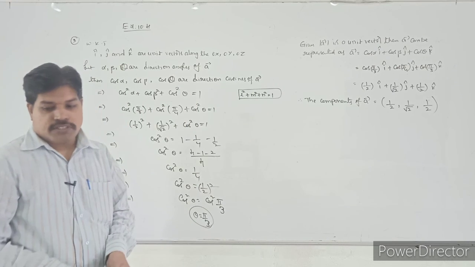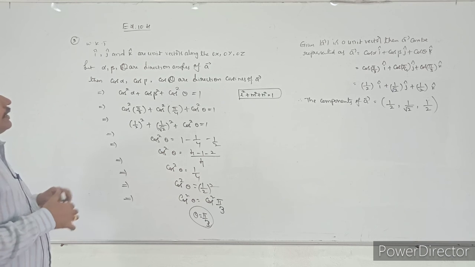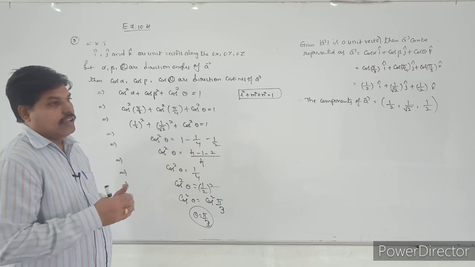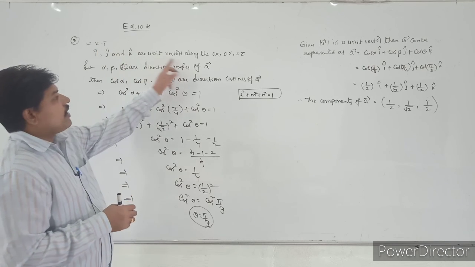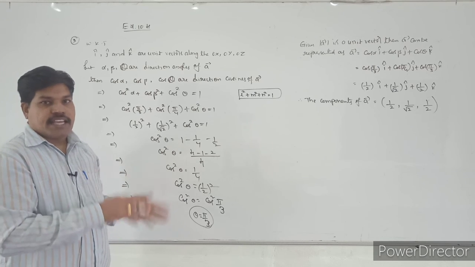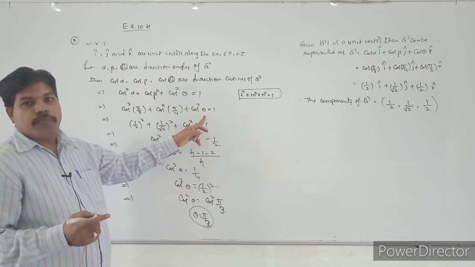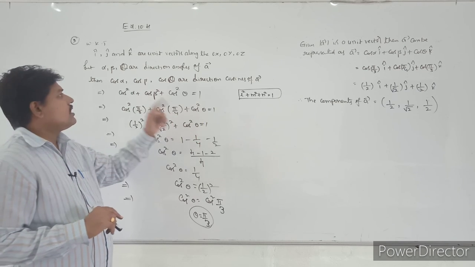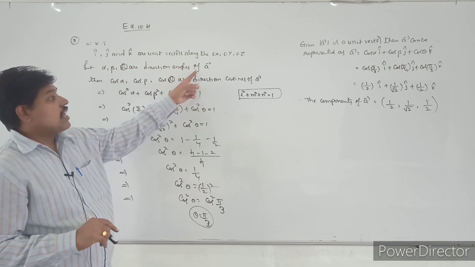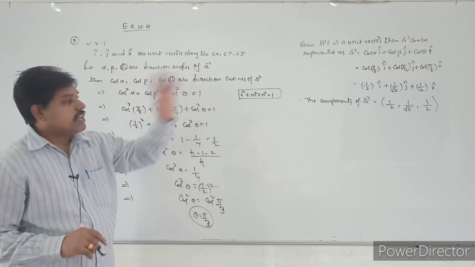So see the question once again, students. They have given that a bar is a vector making an angle with i, j, k. Here i, j, k are the unit vectors along the x, y, z axes. That means the vector makes an angle of pi by 3 with the x axis and pi by 4 with the y axis. So they are asking what is the angle made by the vector with the z axis. If alpha, beta, theta are direction angles of a bar, then cos alpha, cos beta, cos theta are direction cosines of a bar.